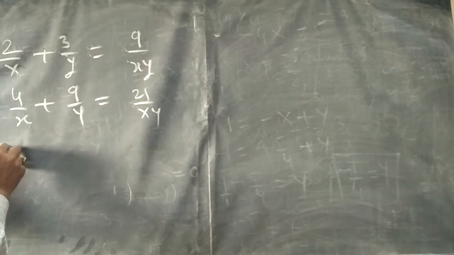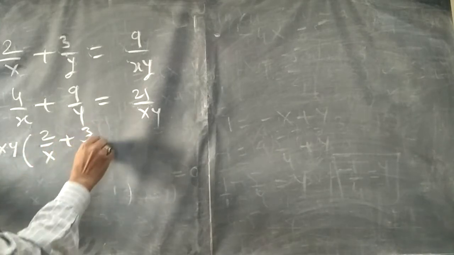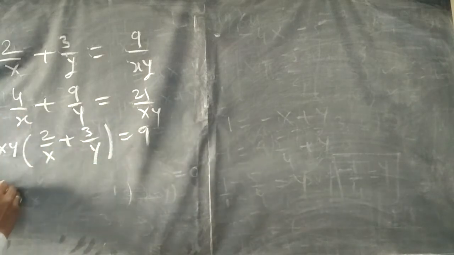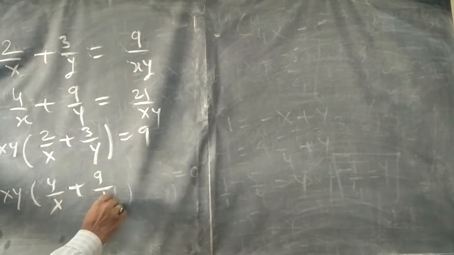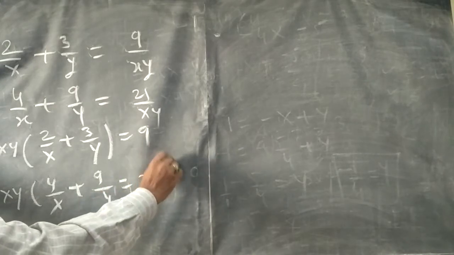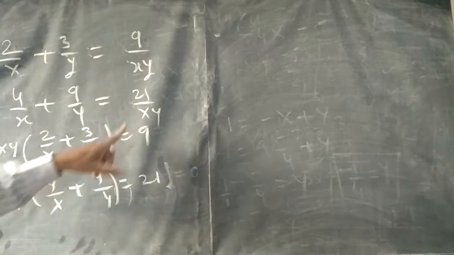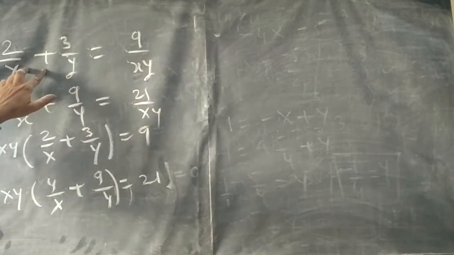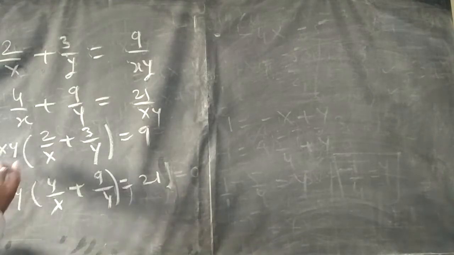Okay, now see, I'm taking cross multiplication directly. xy bracket 2 upon x plus 3 upon y equal to 9. xy bracket 4 upon x plus 9 upon y equal to 21. Yes or no? We did cross multiply this side. We brought this side, cross multiplication. Right? Now we are opening this bracket.